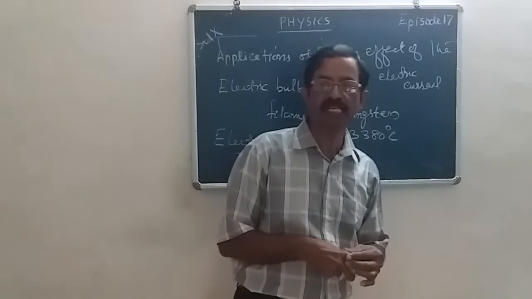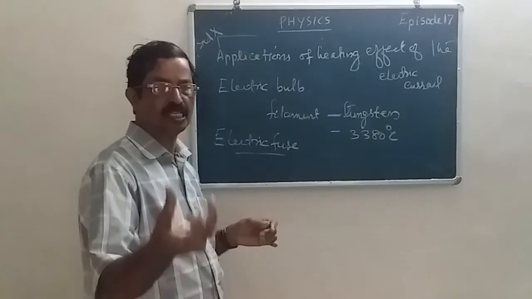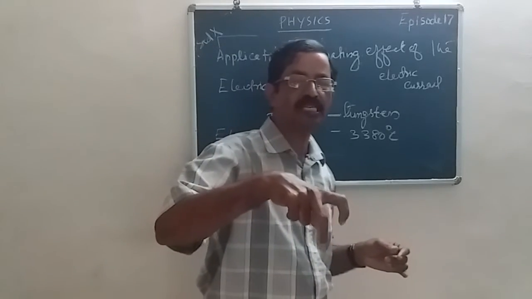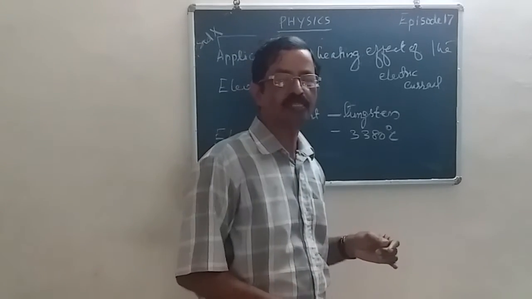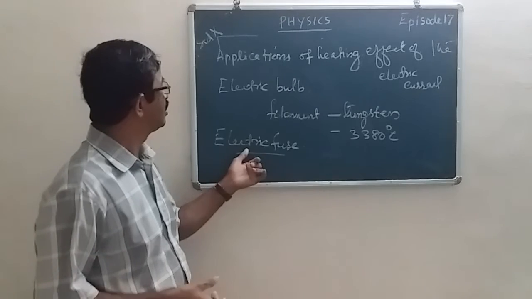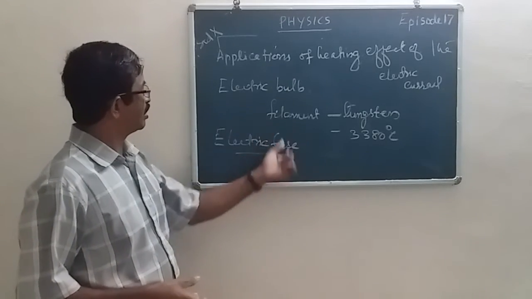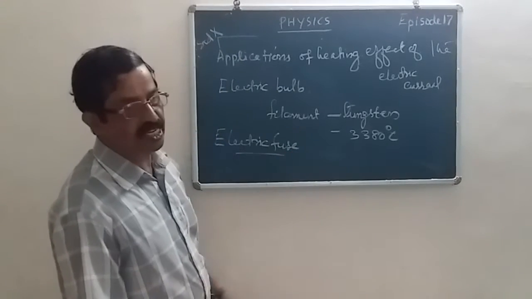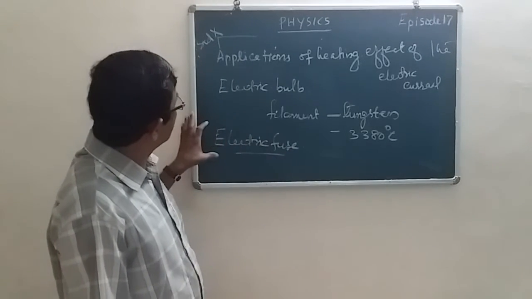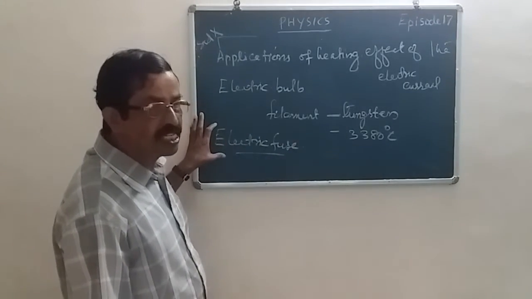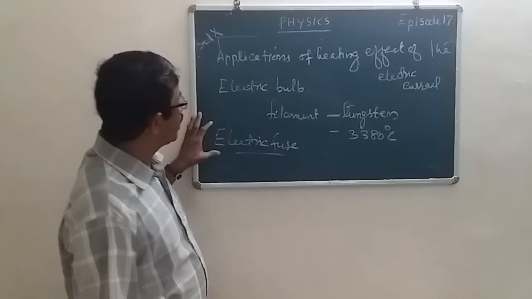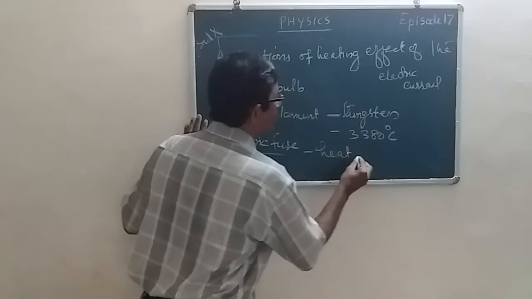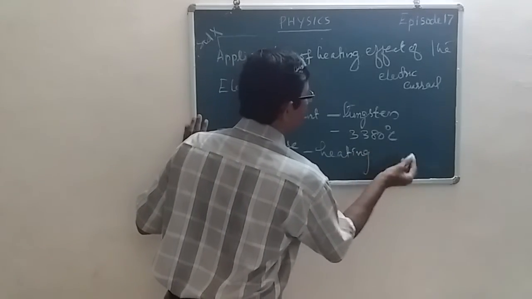A fuse protects the circuit and the gadgets or appliances used in the circuit from the dangers of overcurrent. That means the electric fuse is a protective device. It also works based on the heating effect of electric current.